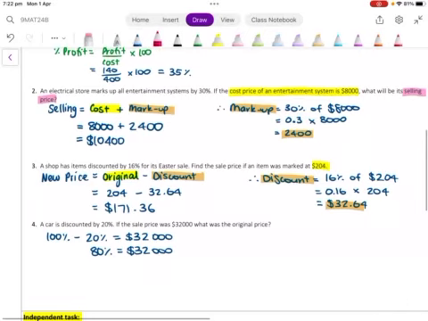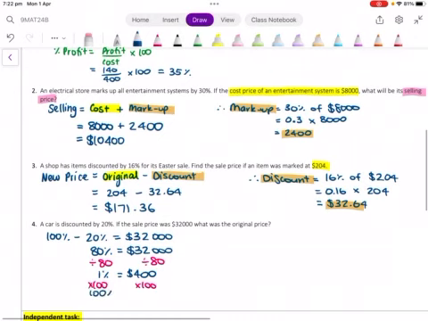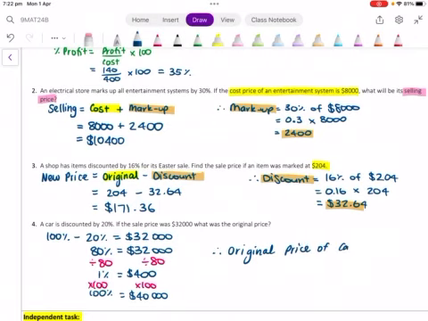So we can use our unitary method again and divide everything by 80 to find what 1% is, which is $400. And then we can times everything by 100 to find out what 100% is, which is $40,000. So therefore, the original price of our car is $40,000.